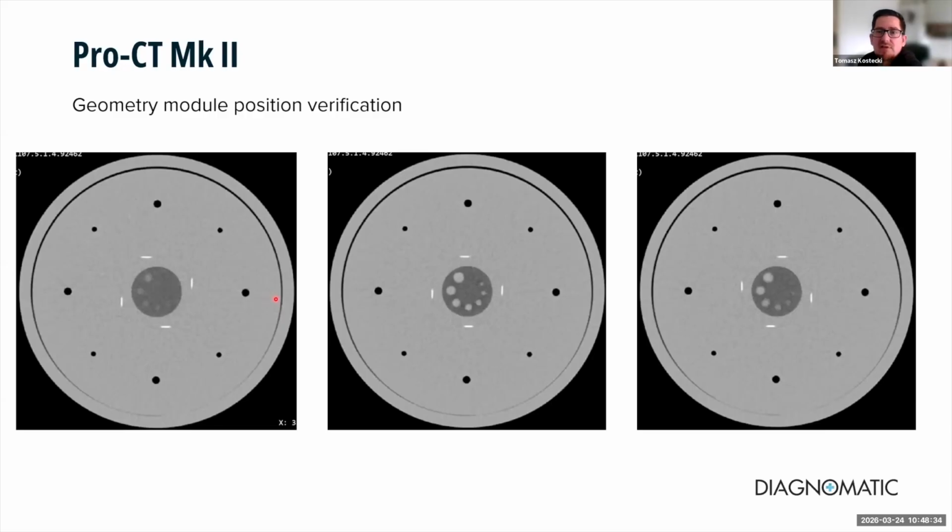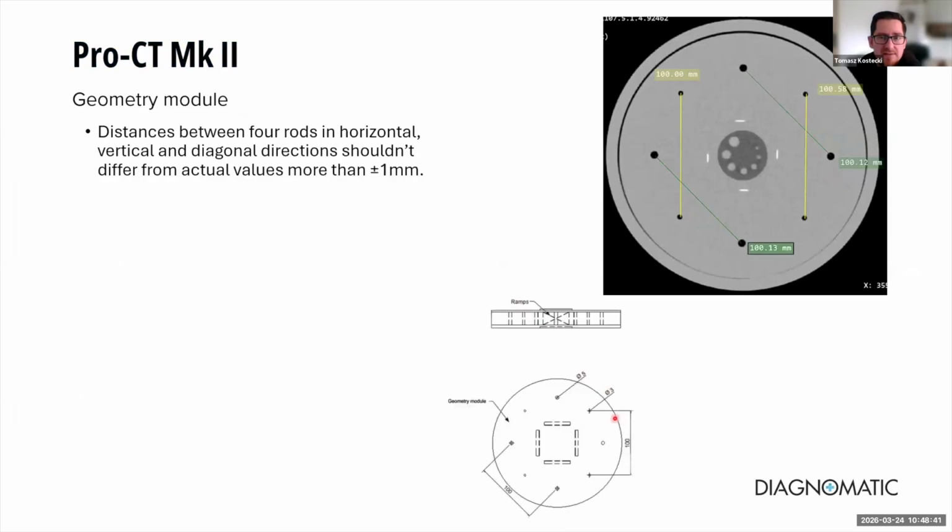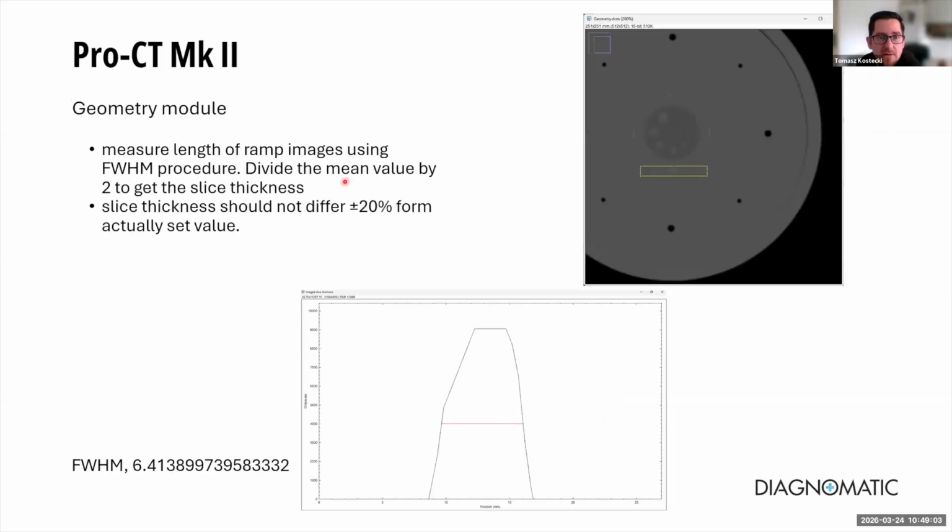Geometry module is for verification of geometric accuracy of CT images. Distances between four rods, 1, 2, 3, 4, in horizontal, vertical and diagonal, shouldn't differ from actual values more than 1 millimeter.